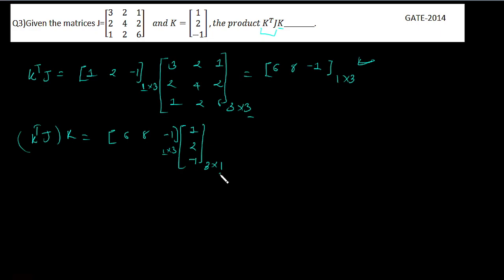Now in the output after multiplication you get only one element, which is 1 cross 1. So let's do the multiplication. What we get here is 6 plus 16, 8 multiplied with 2, and here minus minus becomes plus 1. So from here you get 23. So your answer is 23.